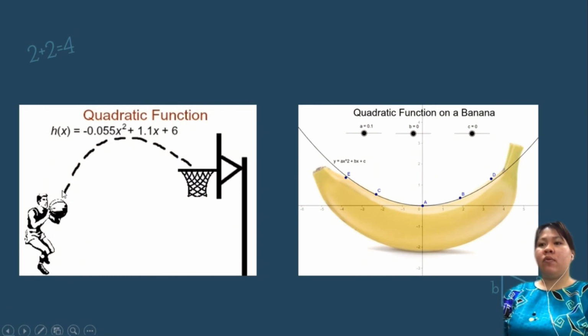So we can see here the man throwing a ball towards a net. For the quadratic function on a banana, this is the equation, y equals ax squared plus bx plus c. So we can see here the graph is upward. So a is, of course, positive.